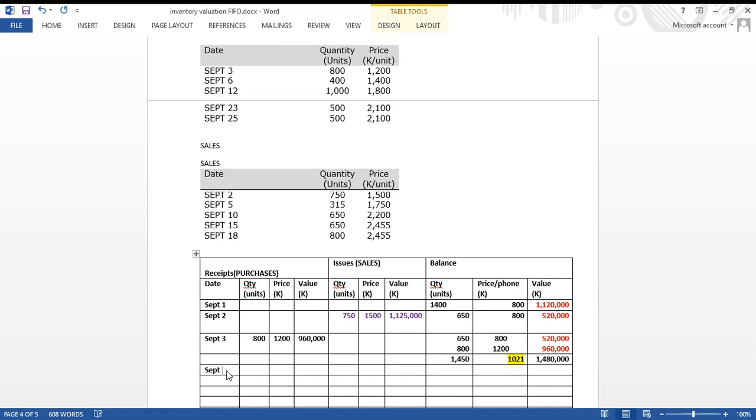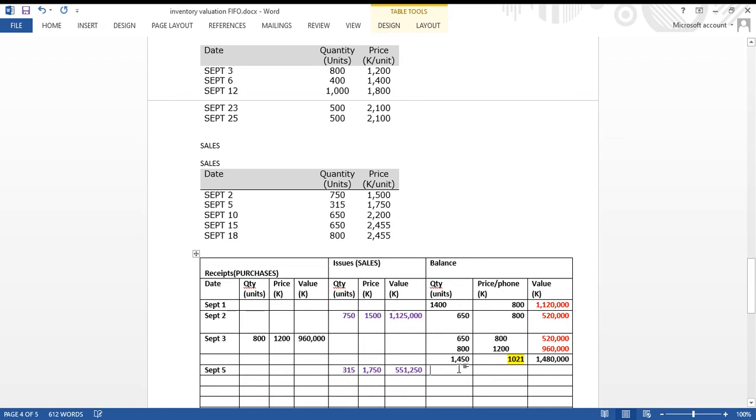September 5th, sold 315 at 1,750, and we get 551,250. So we sold 315 units.